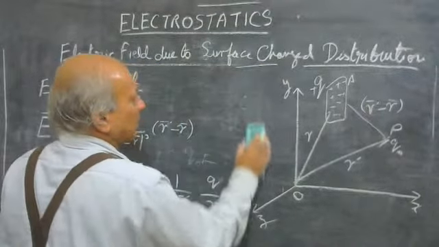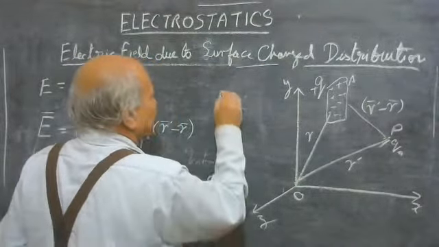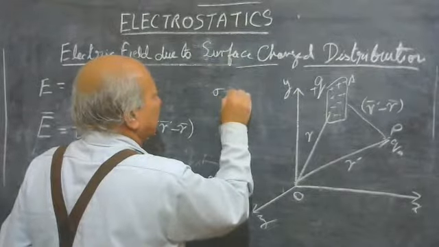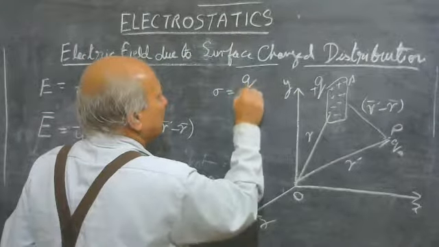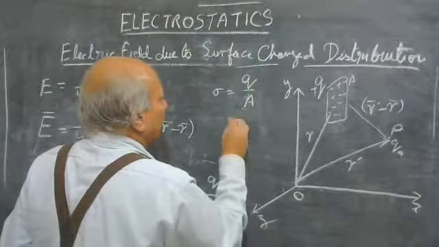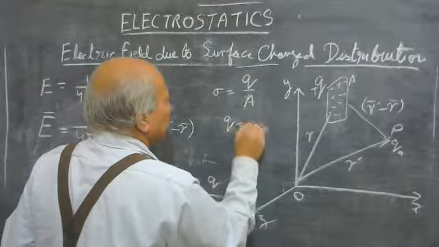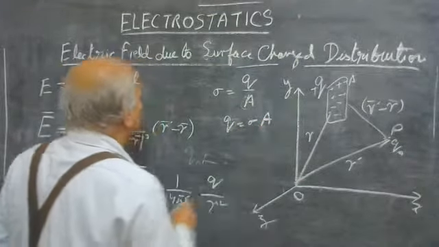Now, surface charge density sigma is equal to charge upon area, and this Q is equal to sigma into area.